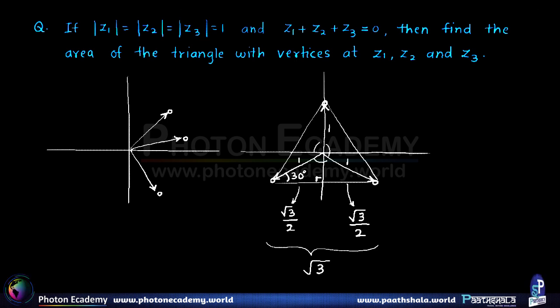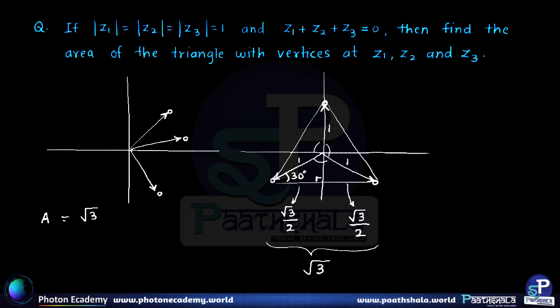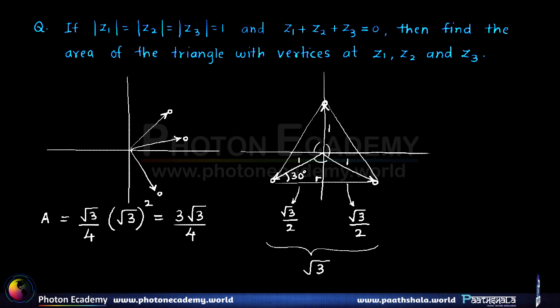We know that the area of an equilateral triangle is root 3 by 4 into side squared, and here the side is root 3 itself. So root 3 squared is 3, which gets multiplied by root 3 by 4. So 3 root 3 by 4 is the area of the equilateral triangle formed by z1, z2 and z3.